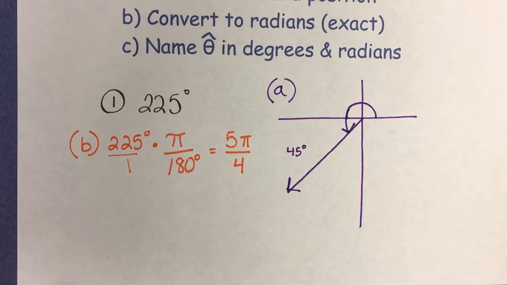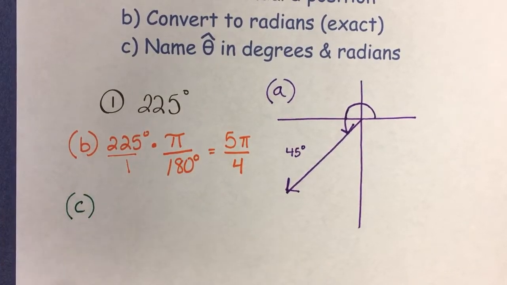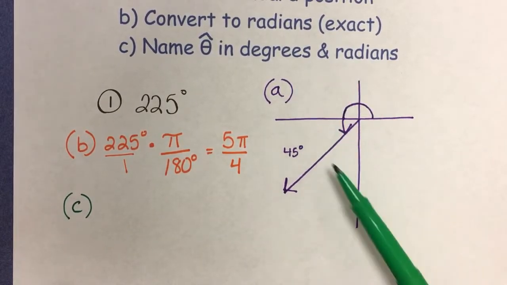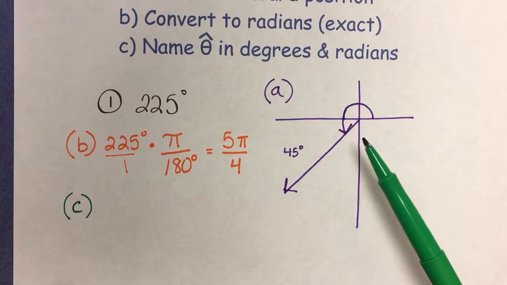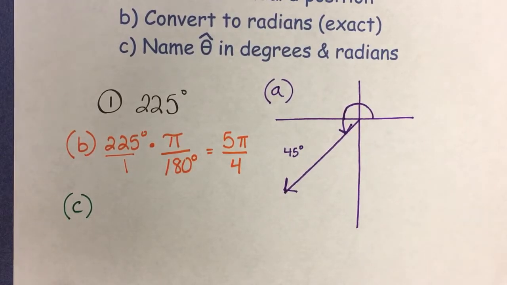Now, C part, you're asked to do reference angle. Like I said, reference angle is something that you learned in the previous section. So back over here where we drew this in standard position, remember your reference angle is the angle that's between the x-axis and the terminal side.